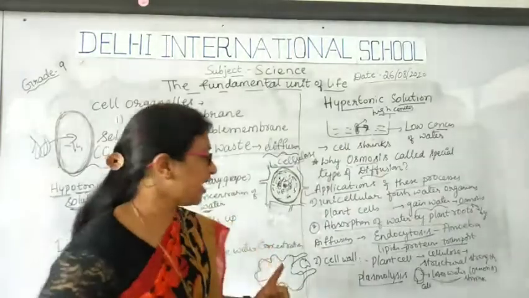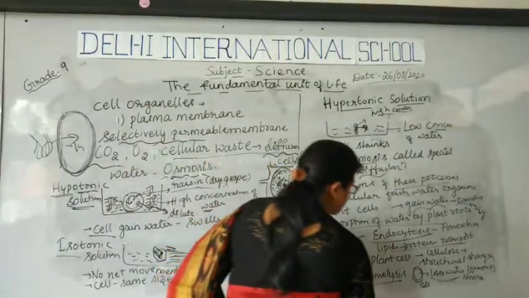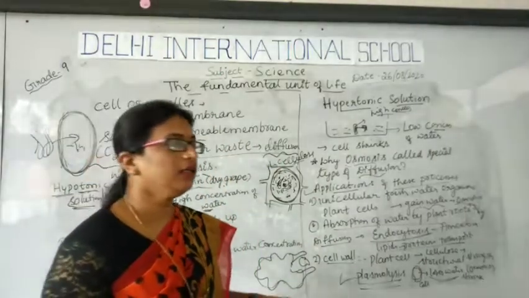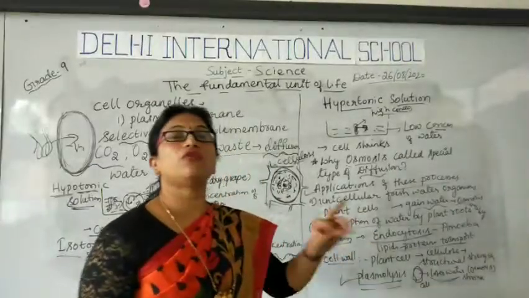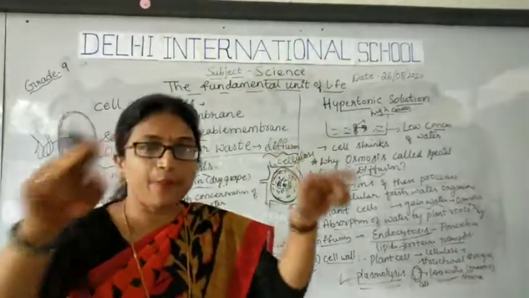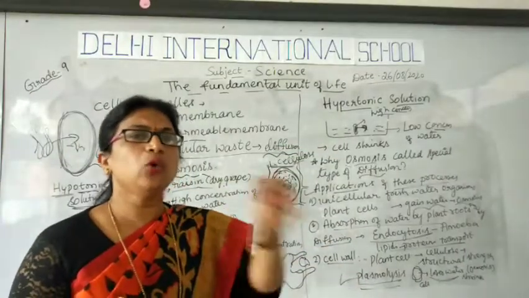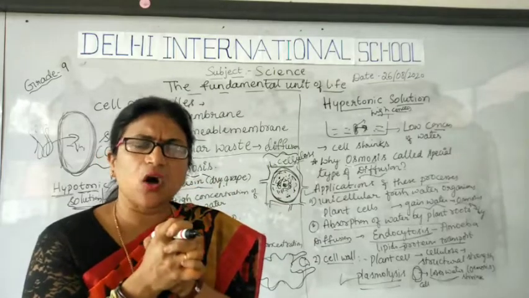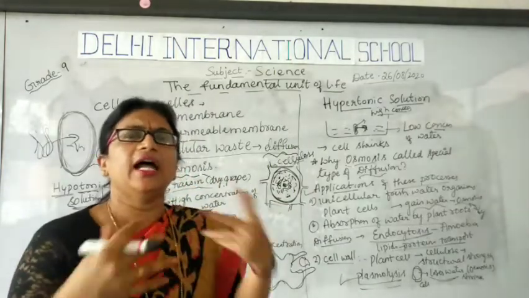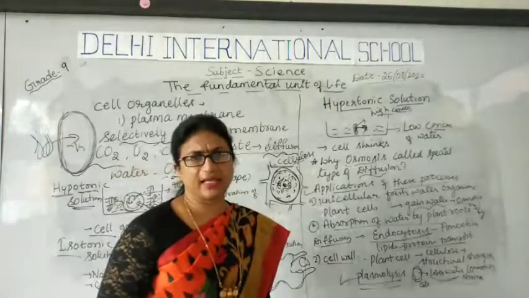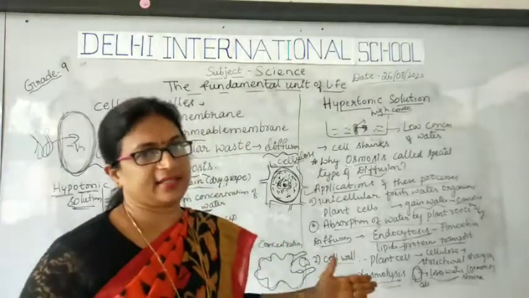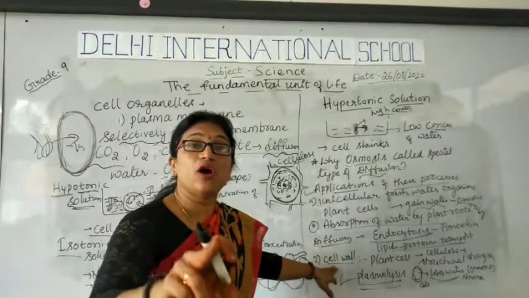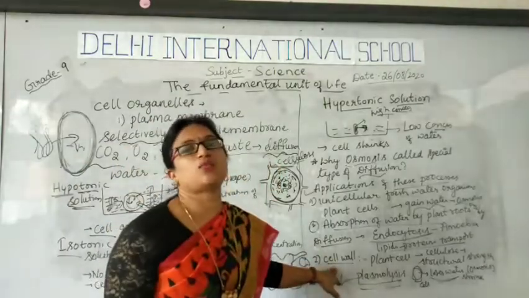That process is called plasmolysis. What is plasmolysis? When the concentration of water is high inside the cell when compared to outside, the cell loses water and gets shrunken, the cell contents get compacted, and it leads to the death of the cell. That is called plasmolysis.